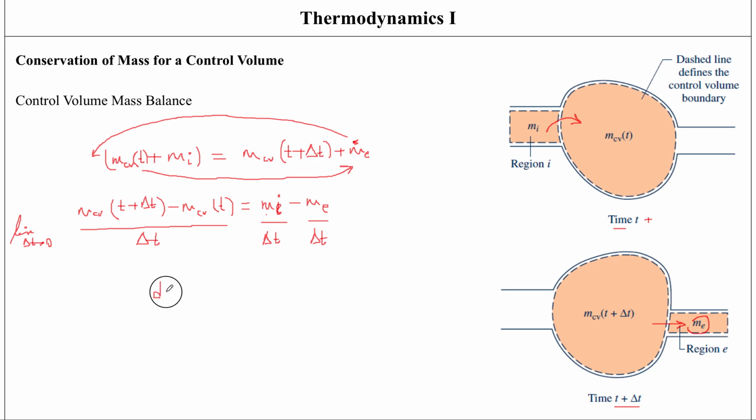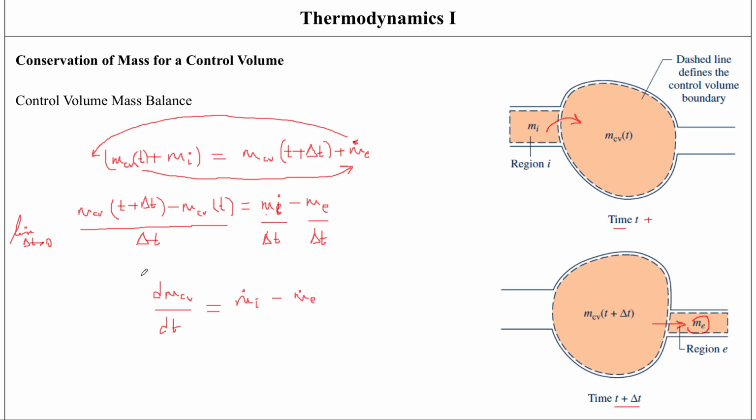So it's going to be the derivative of mass in the control volume per time, and that's going to be equal to, another way to write the derivative is in terms of dot, so m dot i minus m dot e.